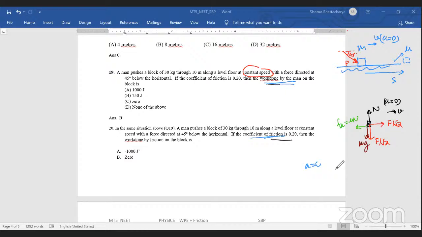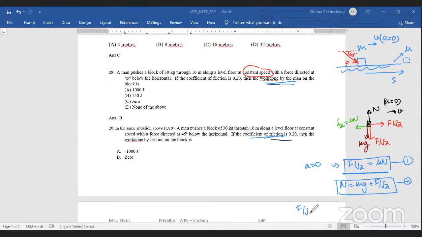Acceleration equal to zero means F by root 2 is equal to mu n. That's your first equation. And n is equal to mg plus F by root 2. That's your second equation. Now substitute this in the first equation and you'll get F by root 2 is equal to mu times mg plus F by root 2.